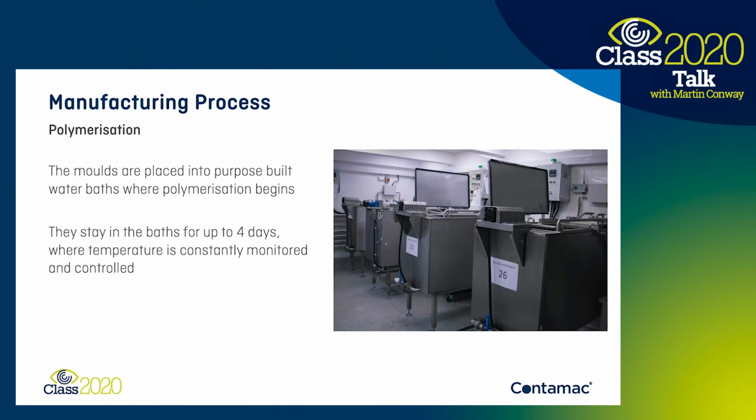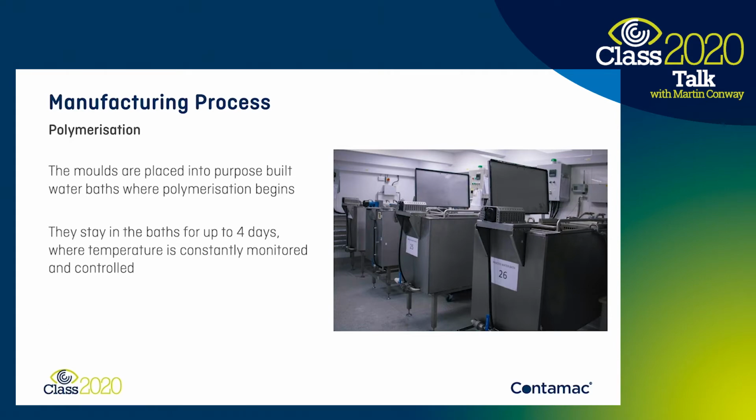Now, the chemists will describe in their recipe for each polymer exactly what temperature they want the polymerization to take place at, at different stages of the process, because as we have 12 different monomers, each one may prefer to polymerize at a different temperature.